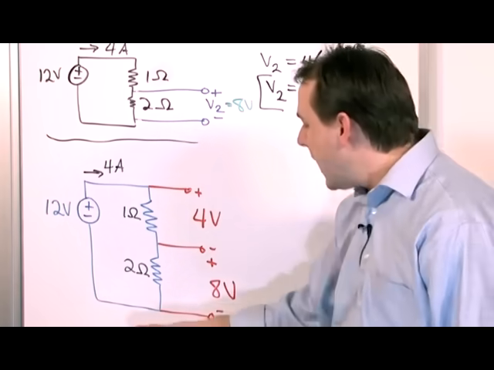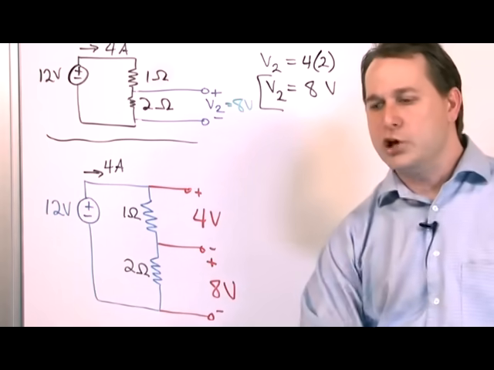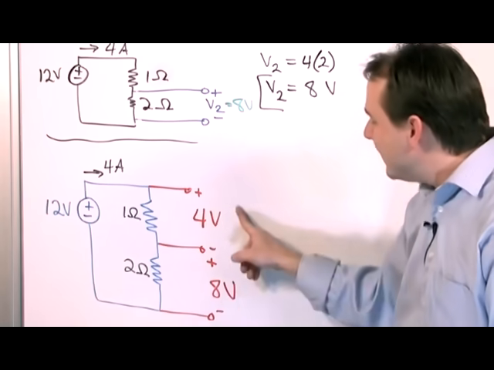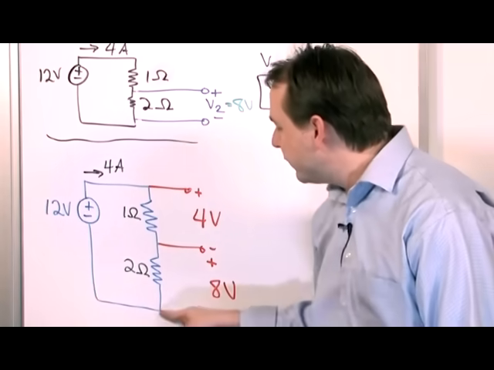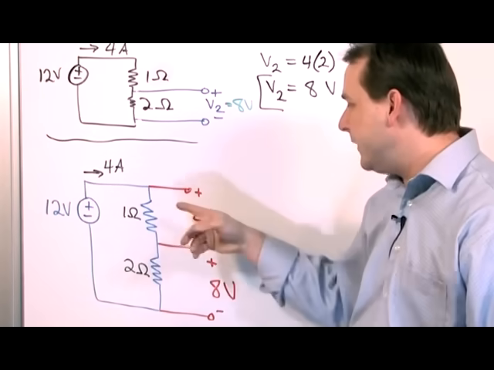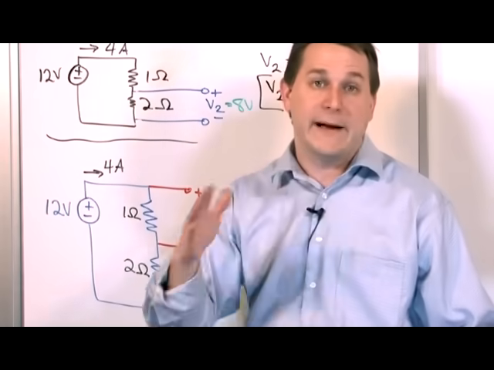When we get down to the bottom, there's nothing else left, right? We're at the bottom of the mountain. There's really no more voltage drop that you could possibly do because you're at the bottom of the mountain. Once you get back around to the source here, you've already used up your 12 volts. It's all been used here, so to speak, to push the current. So you're back down to where you started. You're back down to the base of the mountain.